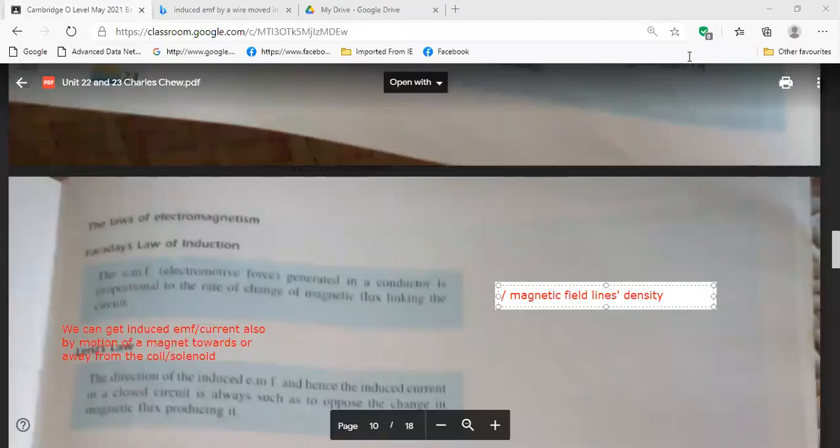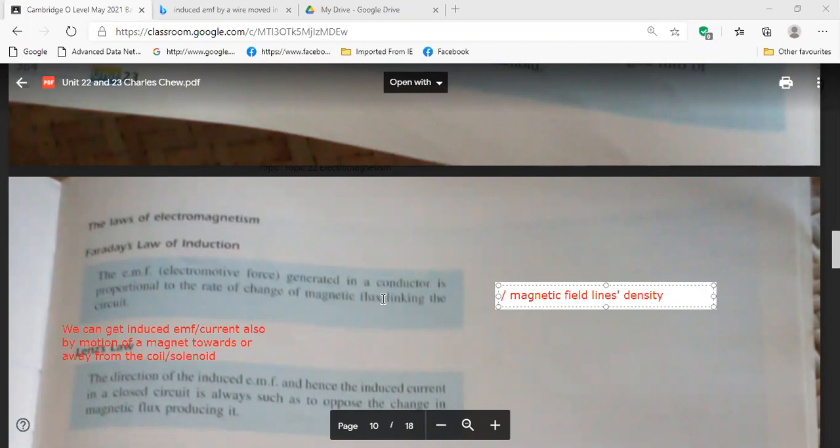Yeah. So we got before this one: magnetic field lines are cut by the coil or conductor, that is producing induced EMF, right? Yes, sir. Now it's said in a different way. They are saying it is proportional to the rate of change of magnetic flux. Flux means magnetic field lines density.